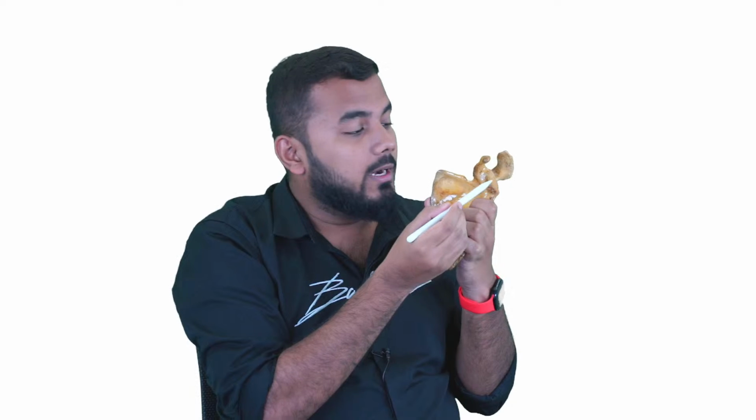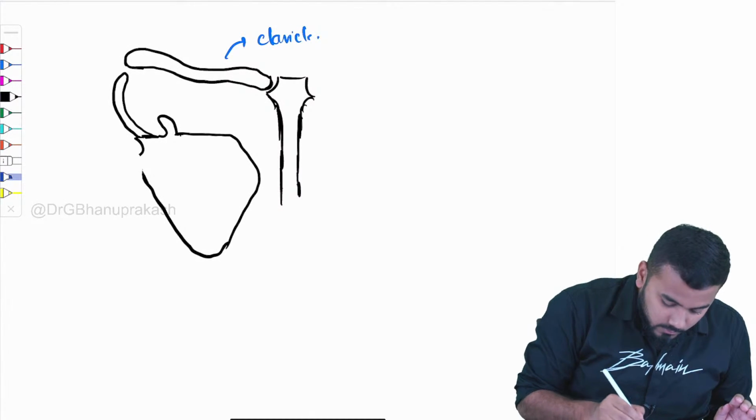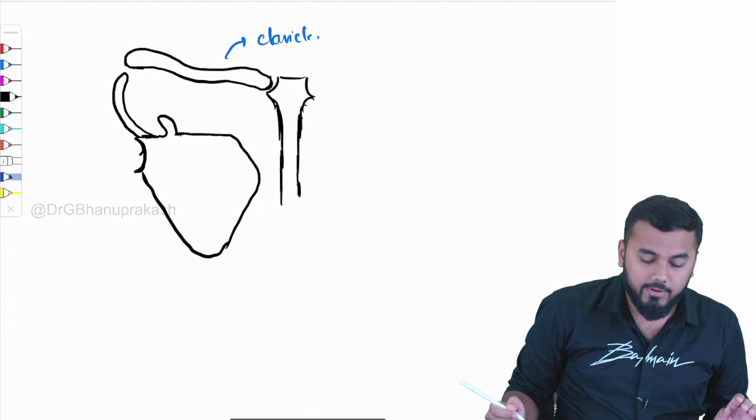Above the glenoid, supraglenoid. Below the glenoid, infraglenoid. Infraglenoid tubercle, supraglenoid tubercle, coracoid process, acromion process, spine of the scapula. That's it. Other than that, there is no need for you to know anything. So this is your glenoid cavity.